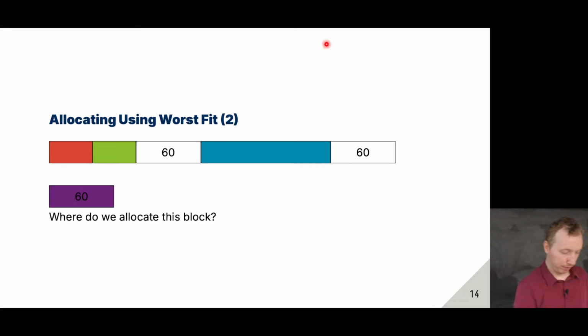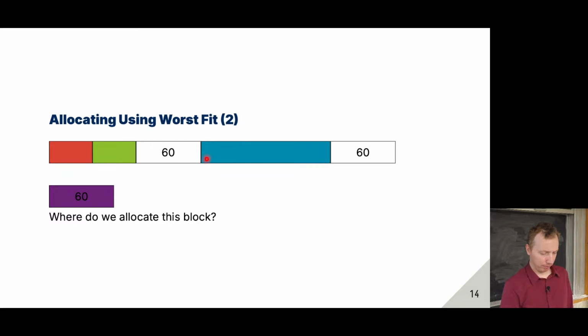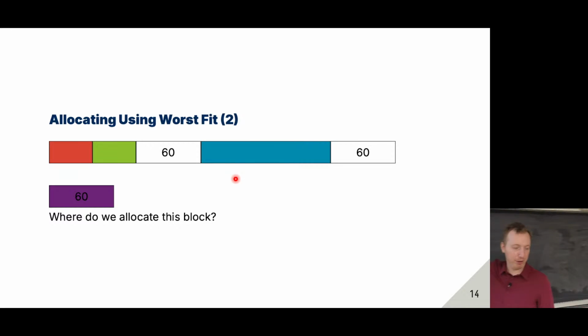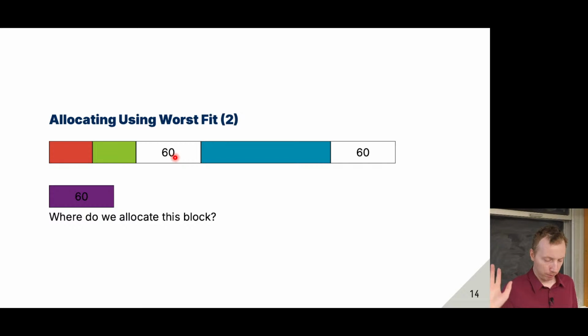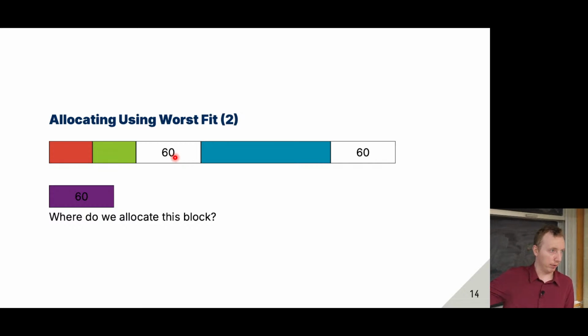But in terms of maintaining the free list, there's some hand wavy stuff there, because if you freed blue, you wouldn't have a free 60, a free 100, and a free 60. They're all contiguous, so it would probably try to make a free 220 altogether. So it would try to merge. We'll go over how we would merge in the next lecture, because for this, it's just kind of hand wavy. You have to scan everything and see if they're contiguous.